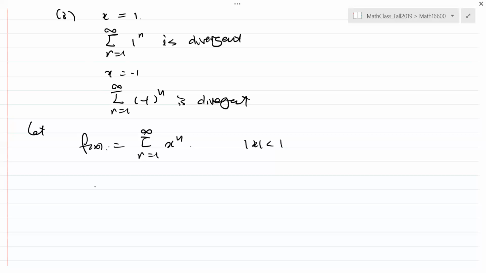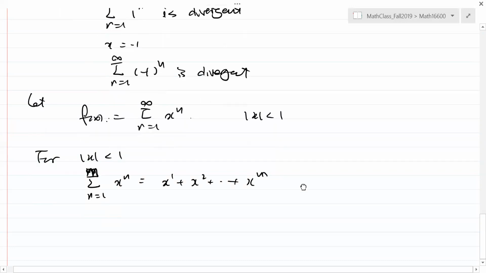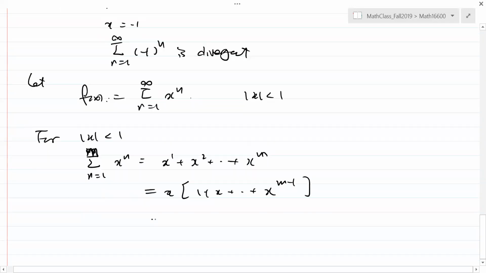Let's see. We know that for absolute value of x less than 1, the sum of x^n from n equals 1 to m is x to the 1, x squared, up to x to the m, right? So we can add them together. You can take x out, and then remember, this is a finite geometric series.